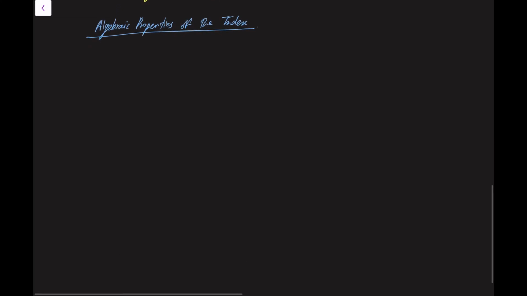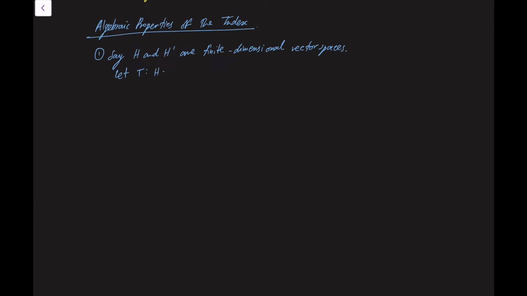Now the first question we could ask is, say H and H prime are finite dimensional vector spaces, and we also let T from H to H prime be a linear transformation of vector spaces.